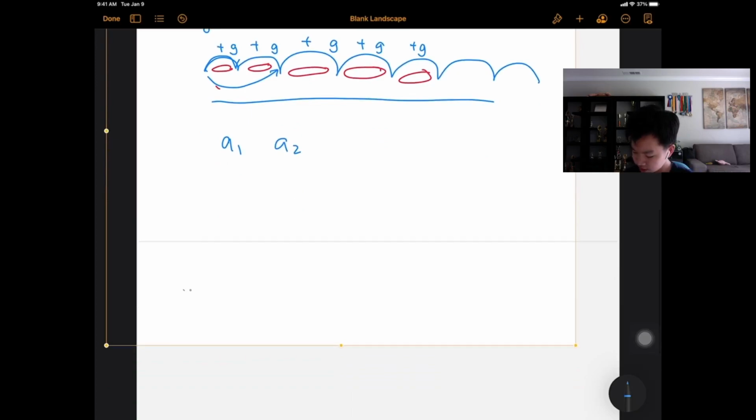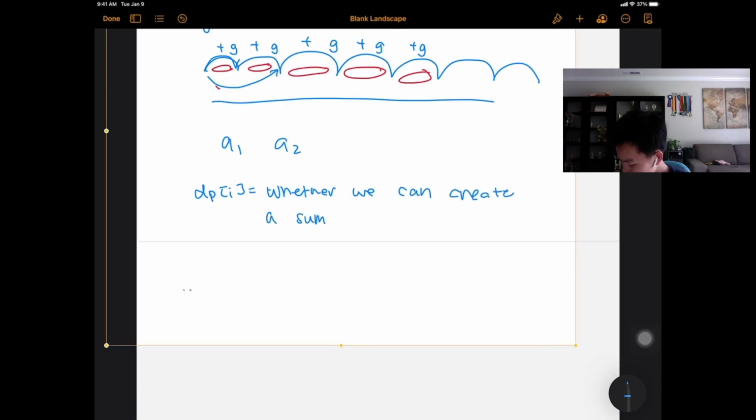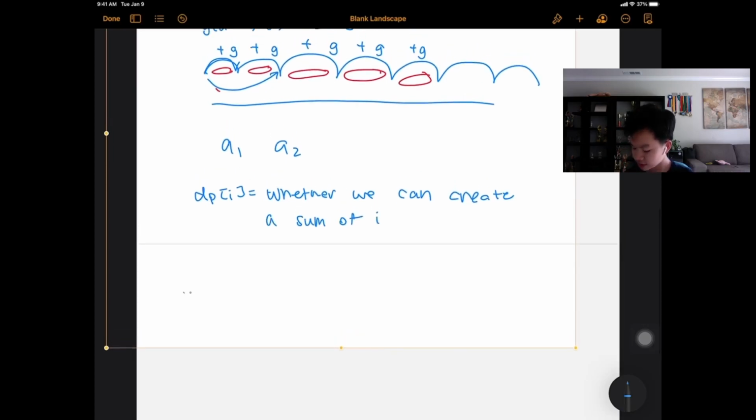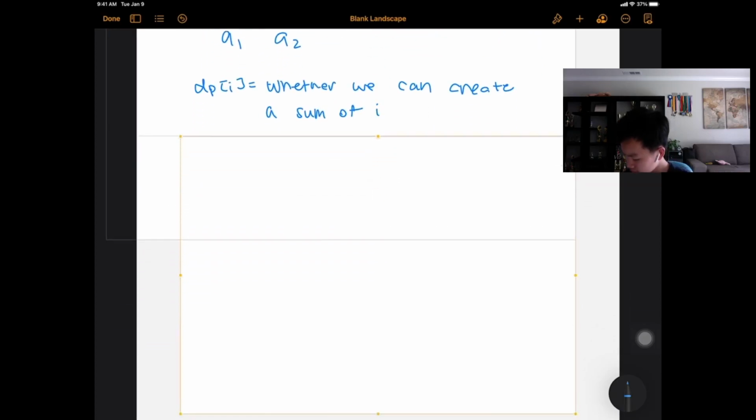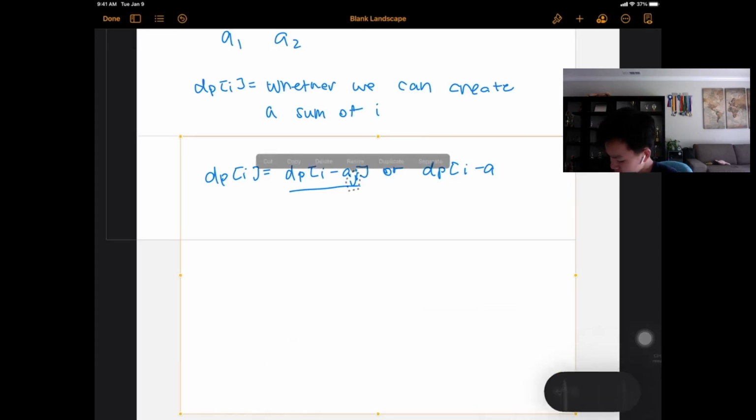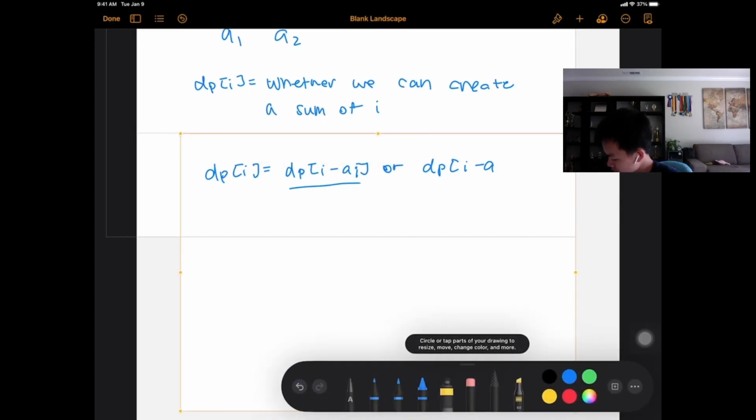So we can define DP[i] as whether we can create the sum i. Our transition would be DP[i] from DP[i - aj].